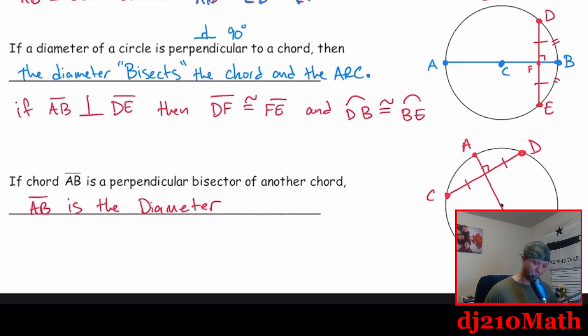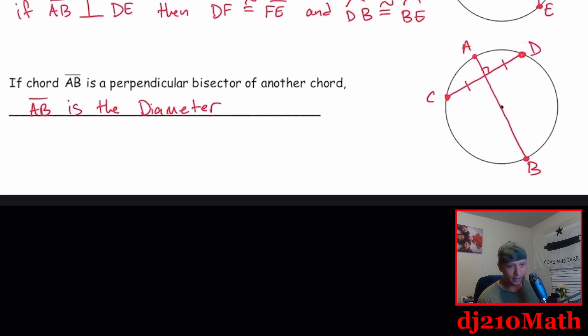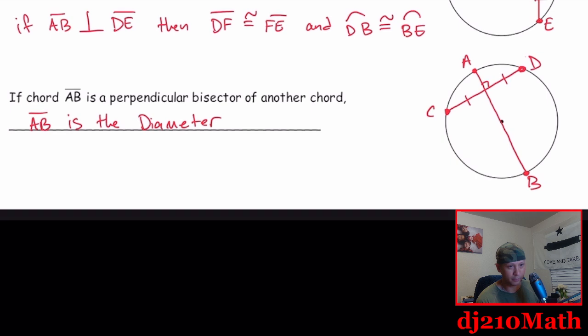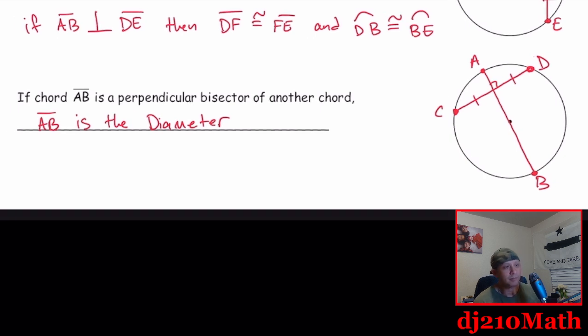My bad for the confusion on that one. Sometimes it's the way that the words are written. If chord AB is a perpendicular bisector of another chord, AB is the diameter. It's got to be the diameter. It's the one that's doing the cutting in half. All right.